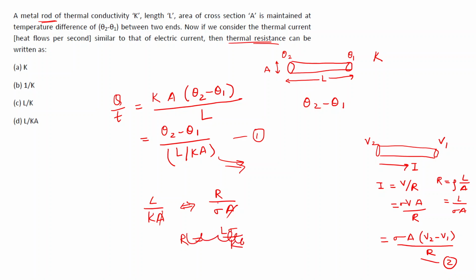Anyways, I think still we can say that the correct answer could be this. This is just a similarity they have tried to assume, but I think thermal resistance can be considered to be L by KA. This should be the answer, comparing equation 1 and equation 2.